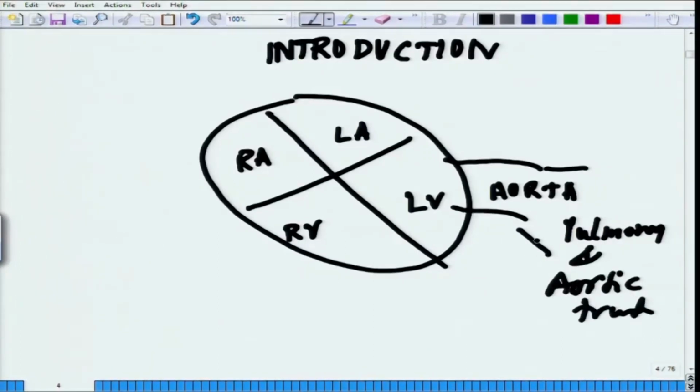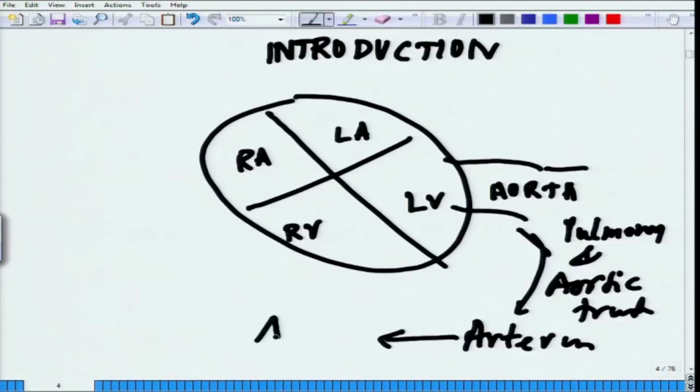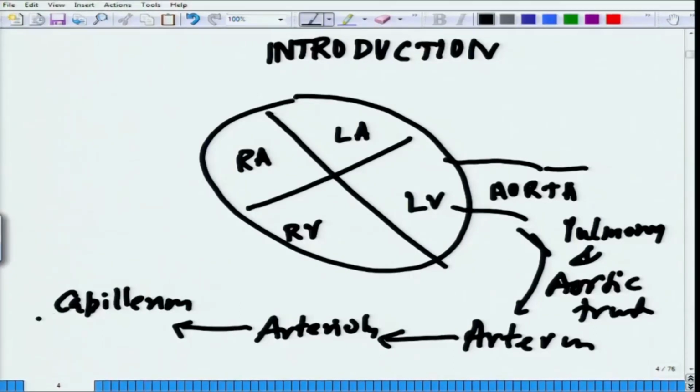From here this blood moves to the arteries. Arteries are the ones which carry the oxygenated blood. From the arteries it moves to arterioles, whose dimensions we will talk about. From arterioles it moves to the capillaries. Capillaries have the smallest diameter, we will come to that.